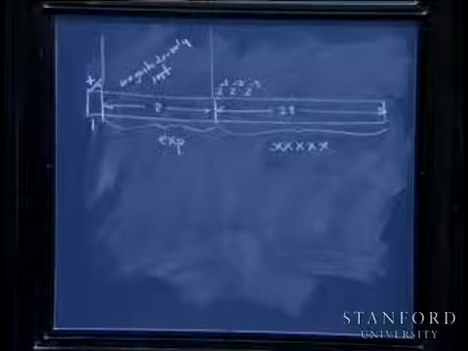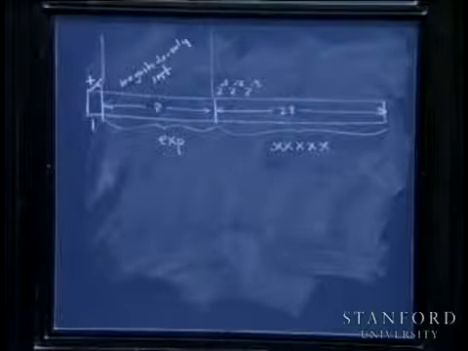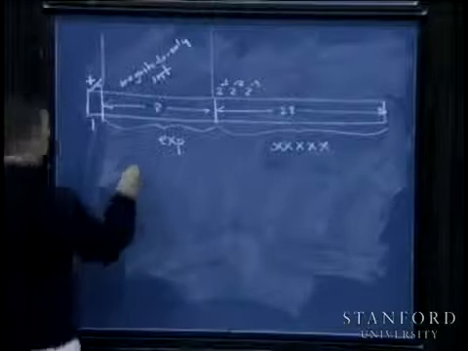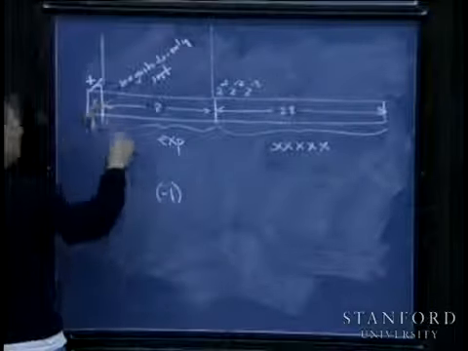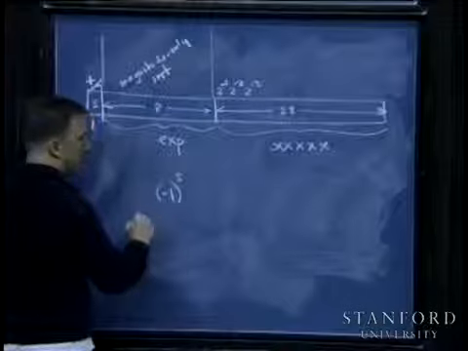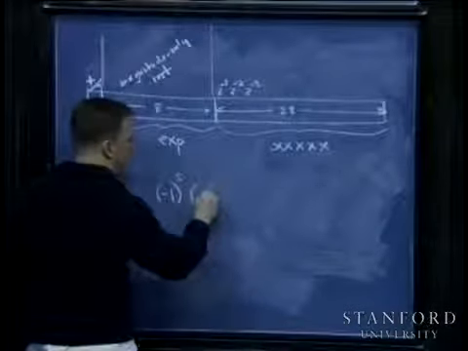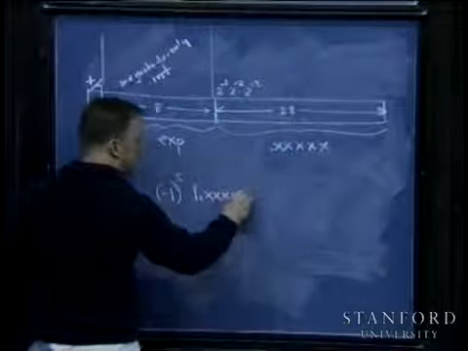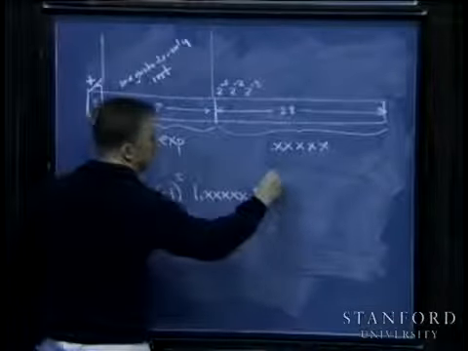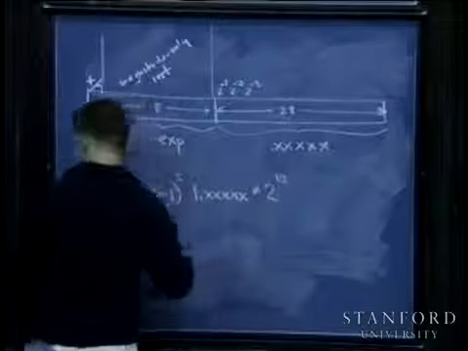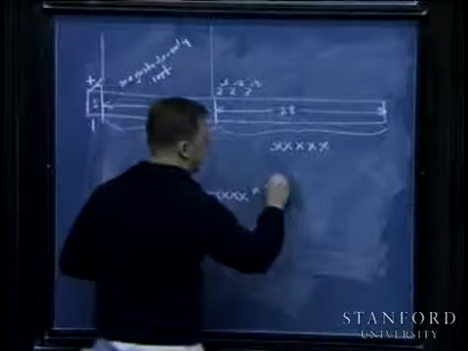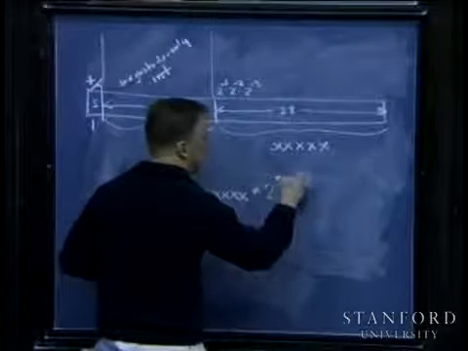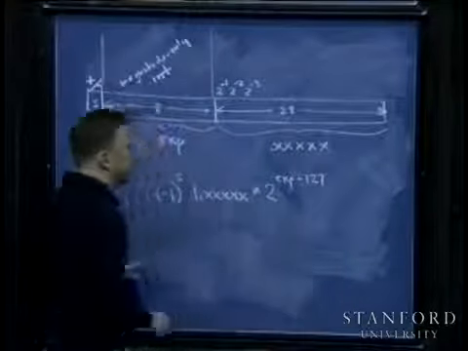What this figure and how it's subdivided is trying to represent is this number: negative 1 to the S, where S is the sign bit, times 1.xxxxx times 2 to the EXP minus 127.